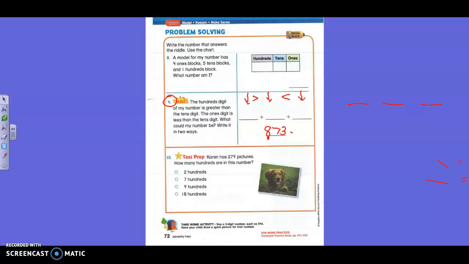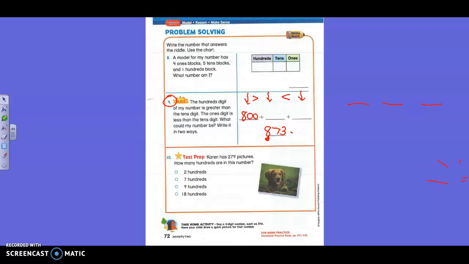How are you going to do this? Ellie? 800 in the first blank. Then what? Look at my number. 800 in the first blank.